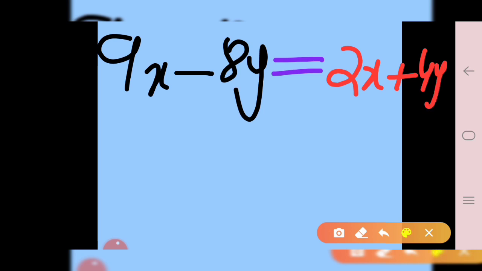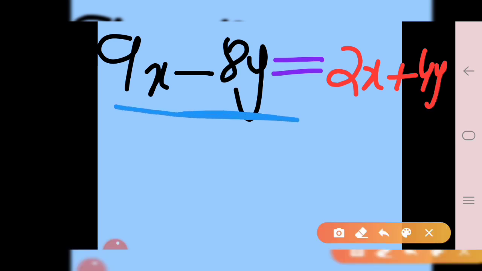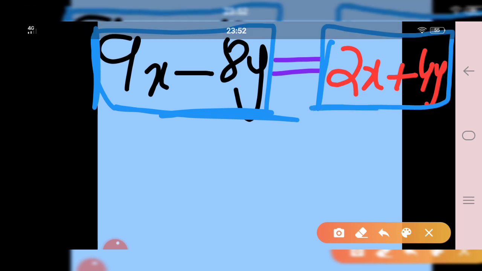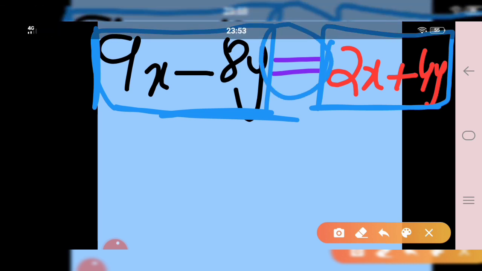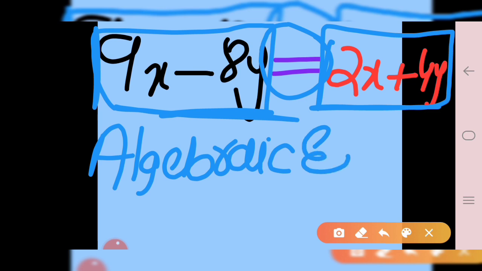So if you see over here, this was my first algebraic expression, this is my second algebraic expression, and now when I join these two algebraic expressions with the help of an equal to sign, which is just in the center, we get a new thing, that is an algebraic equation.